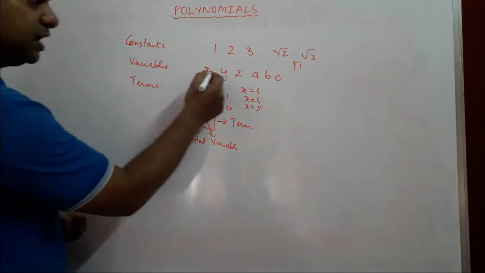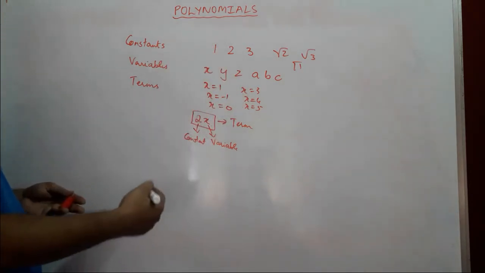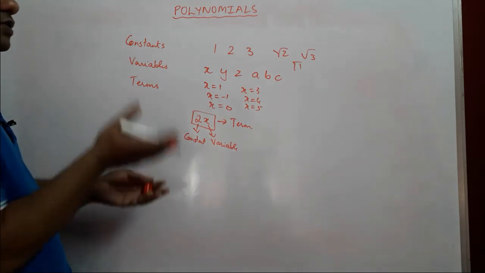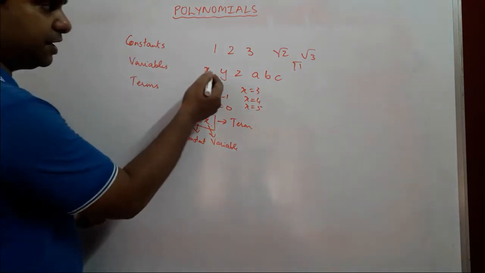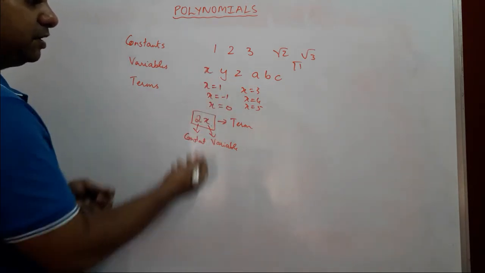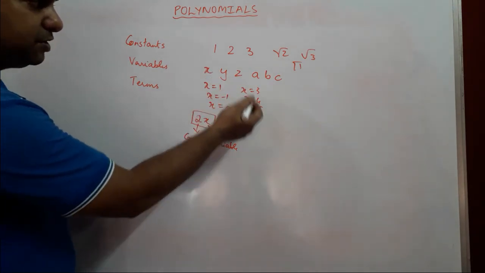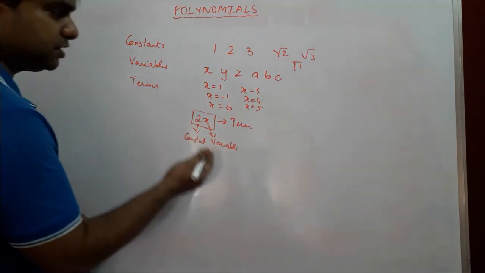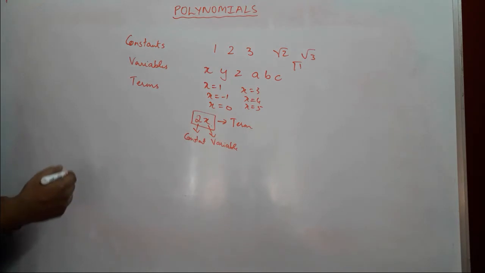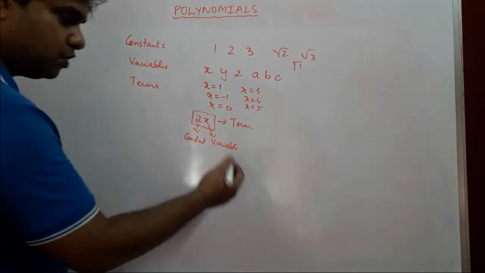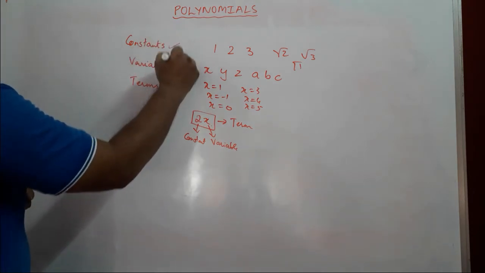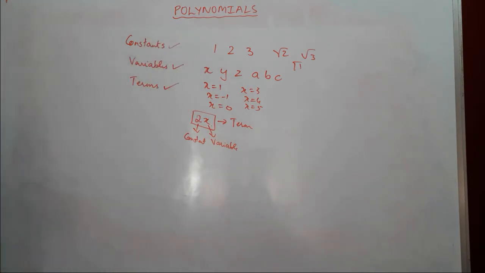But variables are something that can change and vary with respect to the problem, with respect to the value that you assume or take for that particular variable. X, as I showed you, X can be so and so, Y also can be so and so forth. Terms come to this: a polynomial will have either one term or many terms. So these are the three terminologies that we need to know before we begin with polynomials.